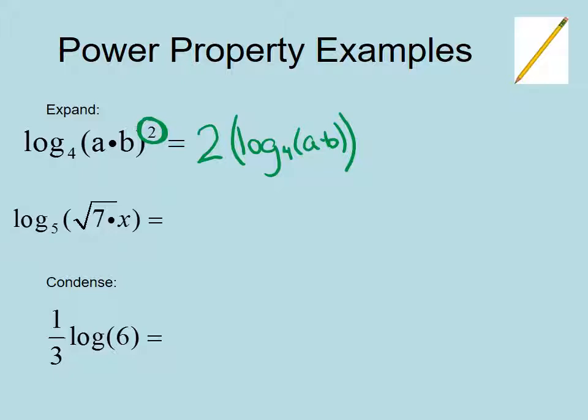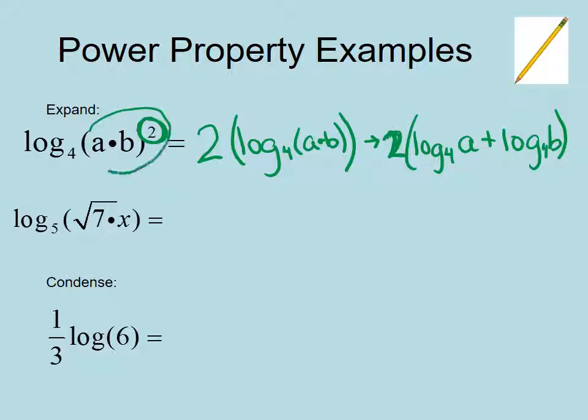In this case, I also have multiplying, so I'm going to take that a step further, and I'm going to separate that and expand it into log base 4 of A plus log base 4 of B. Now you need to have this 2 outside of parentheses because it affects both logs, just as it did before we expanded.